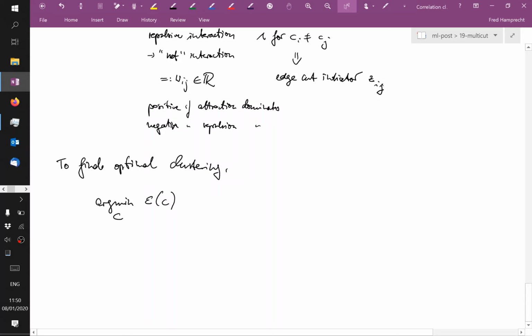This is nice because we have not really invented a particular algorithm right now. We have only posed this as an optimization problem, and then we can discuss separately, okay, now what is an efficient way to solve this optimization problem.